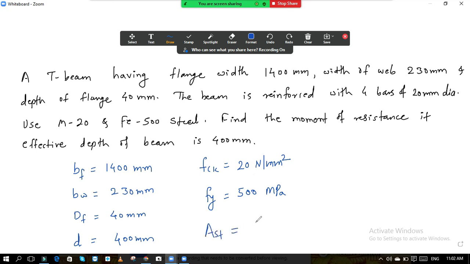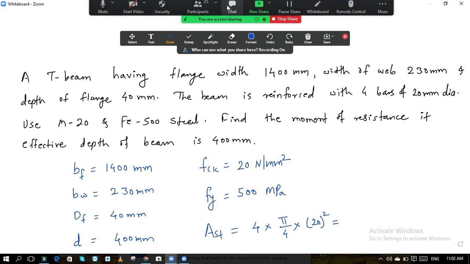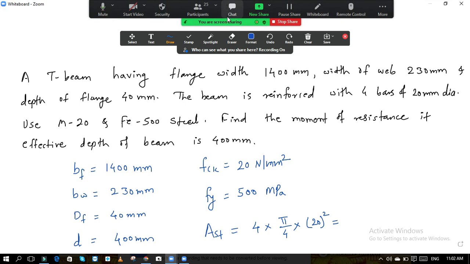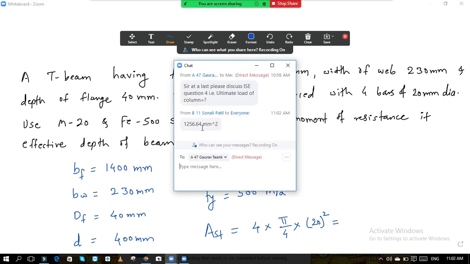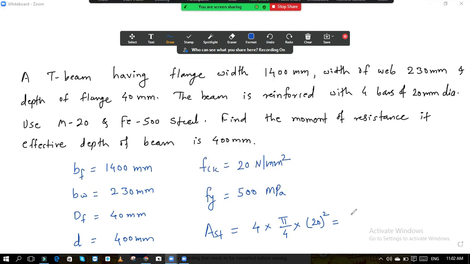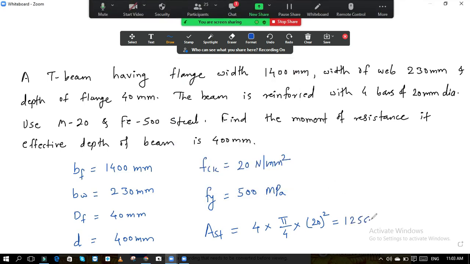So area of steel is 4 bars, each of bar diameter 20 mm. It is 1256.64 mm square. Please check it. So now our area of steel is also known to us.